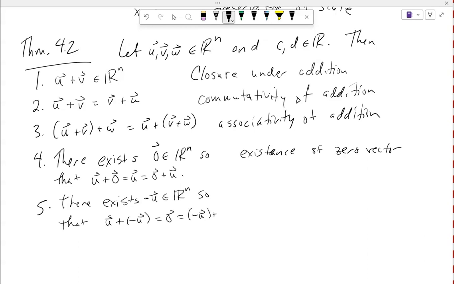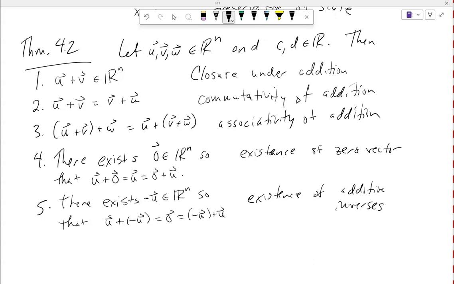And of course, since it's commutative, it works the other way around. Again, in Rn, it's not hard to identify what these things are. It'll be more challenging to identify what they are in other vector spaces, depending on what the operation is.